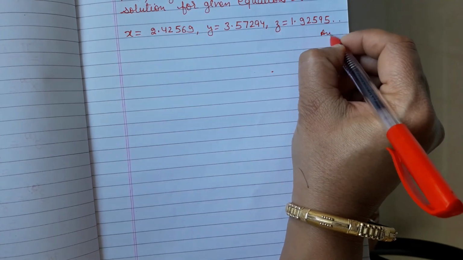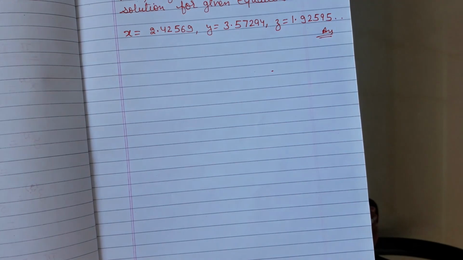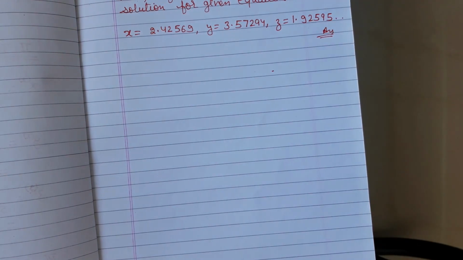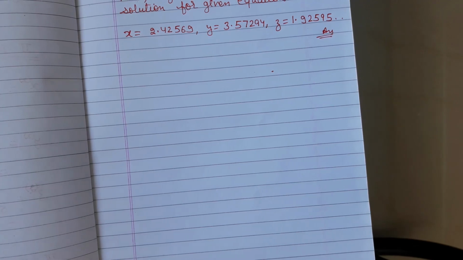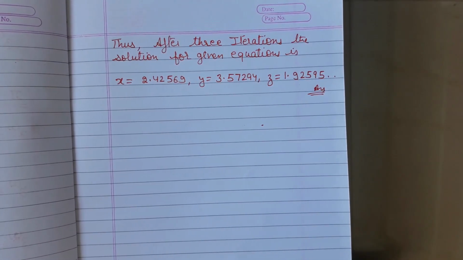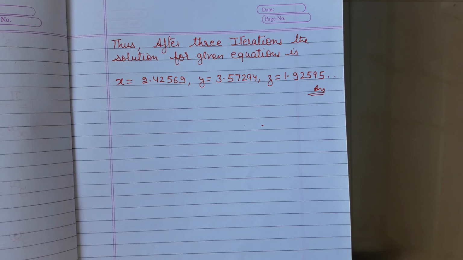Answer. So this is how we apply the Gauss-Seidel method, and you watch it again and do a few more examples. So this is how we write the concluding answer.